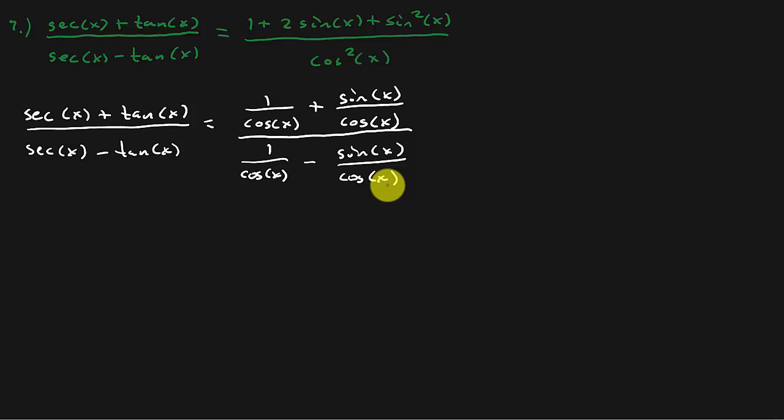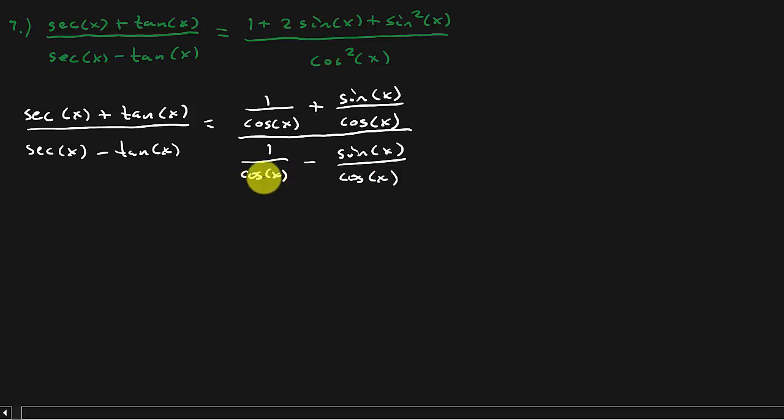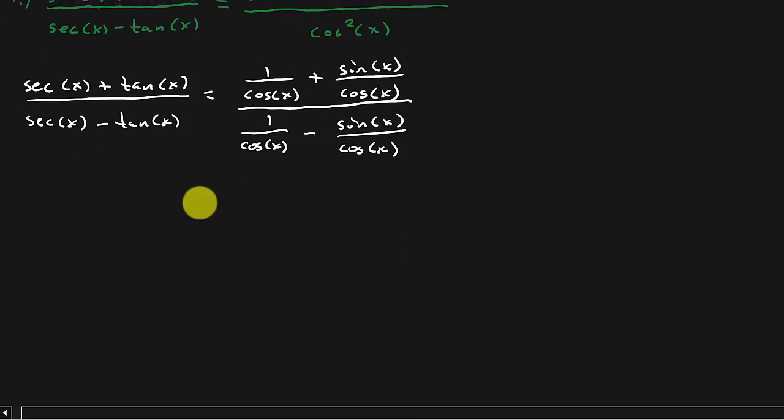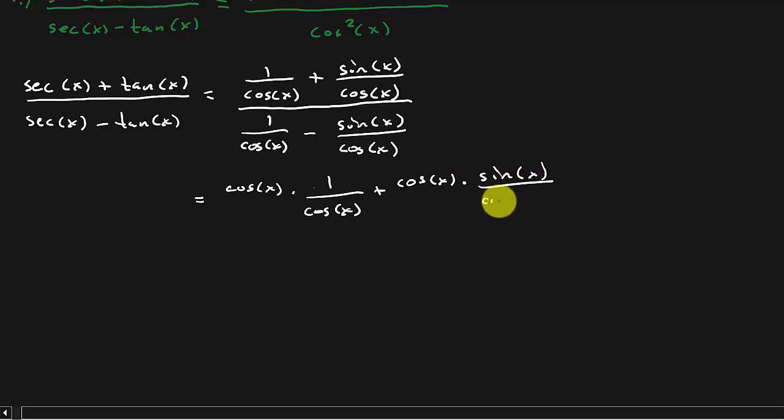When I look at these denominators, cosine x, cosine x, cosine x, cosine x, there's my denominator. So I am going to multiply everything by cosine x, and that's going to get rid of all these fractions.